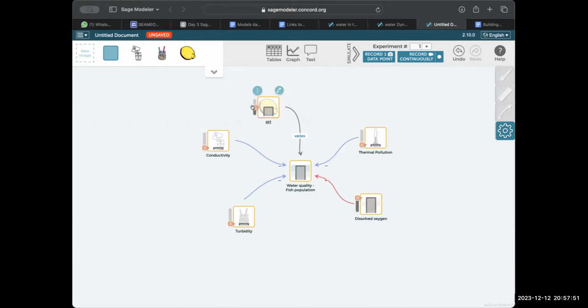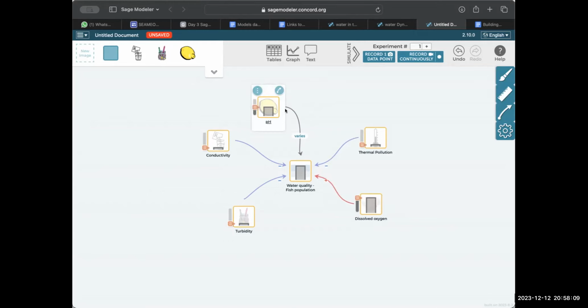Okay, so it's moving a little. So it changes a little bit. But in fact, if you get a pH of 0, you should have death. You should have absolutely, it should be the major factor in your stream.